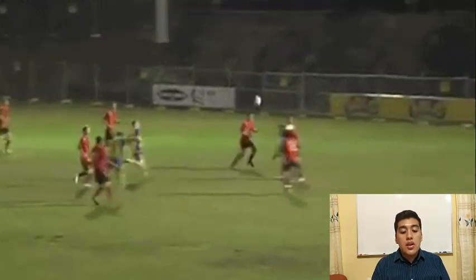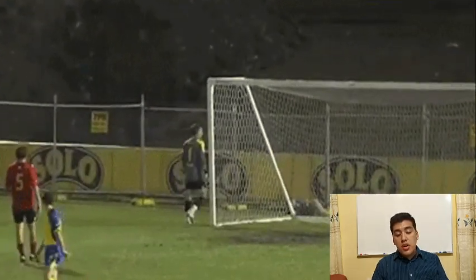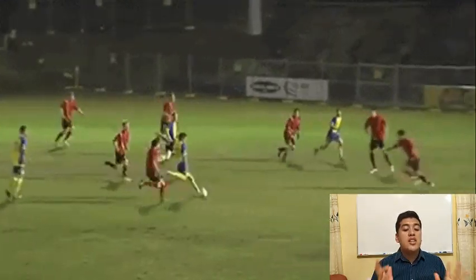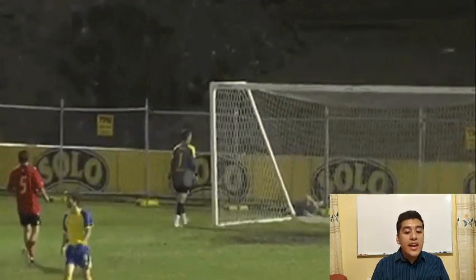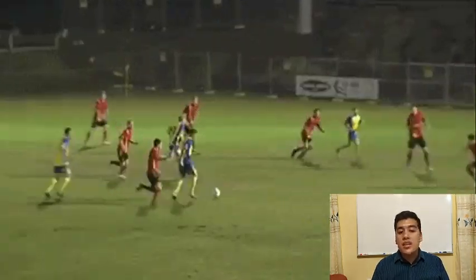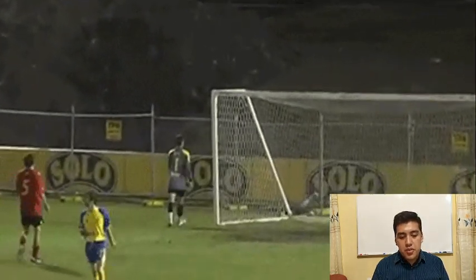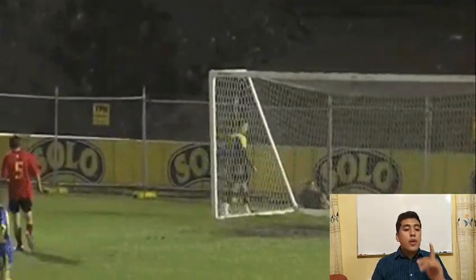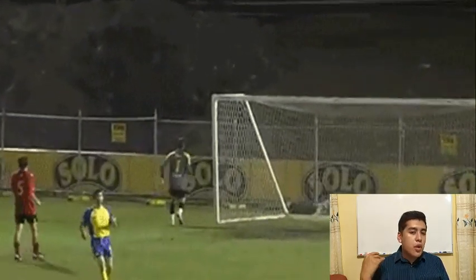Okay, for example, let's pay attention to this example. What is he doing? Okay, they are playing soccer. Okay, that's great. But is he focusing on the correct target or the correct goal? I think that he is not.